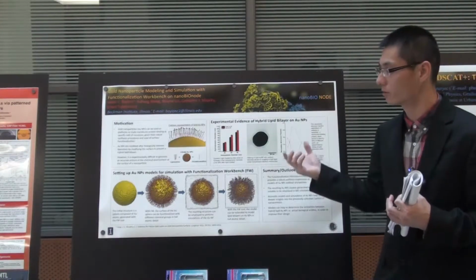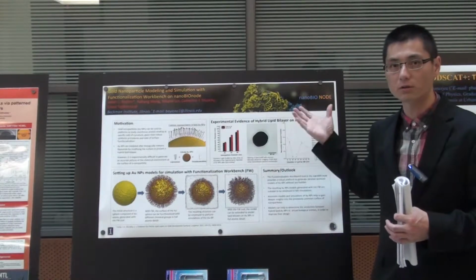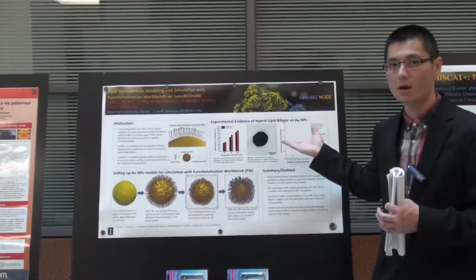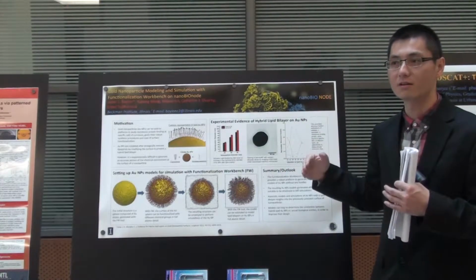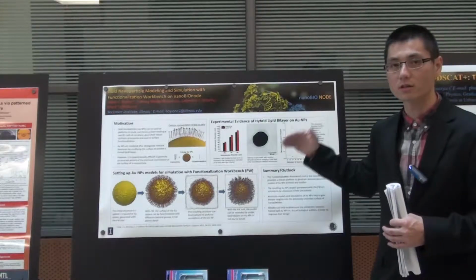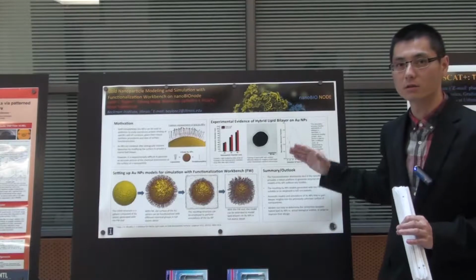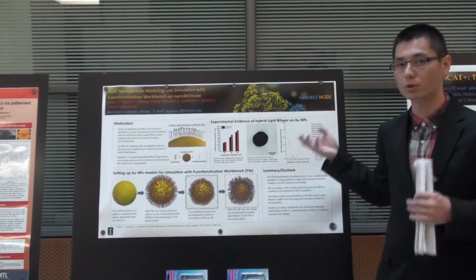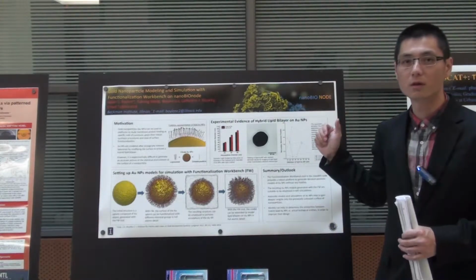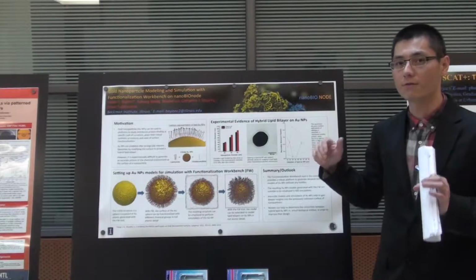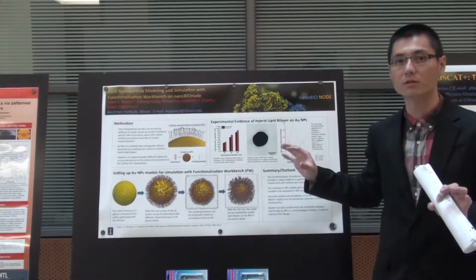We will be able to model different sizes according to experimental size and provide a better understanding of interface interactions like this. This is just preliminary work, and it will be developed further as a tool for the nanobio nodes, which will be provided free of charge for scientists at large.